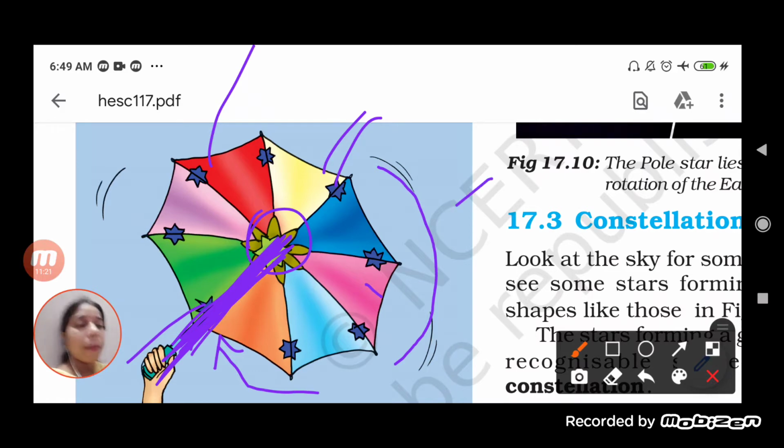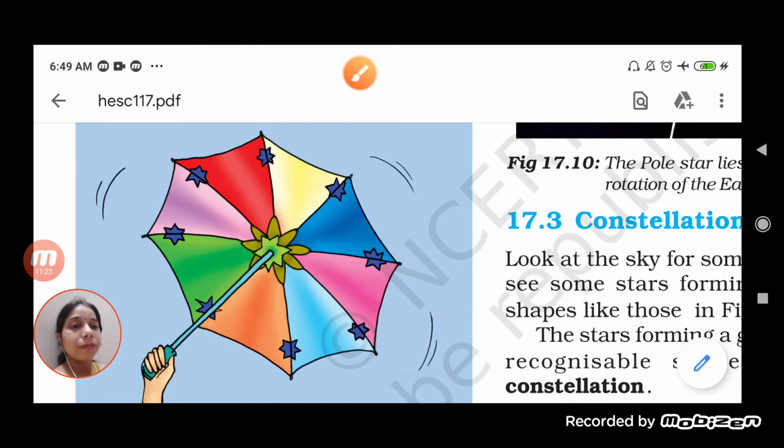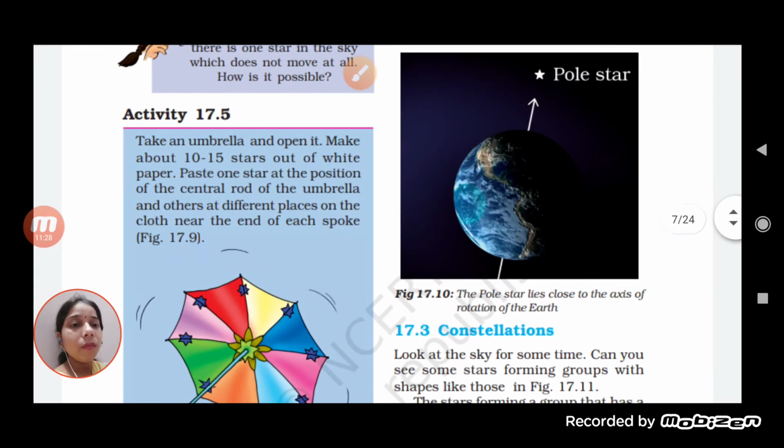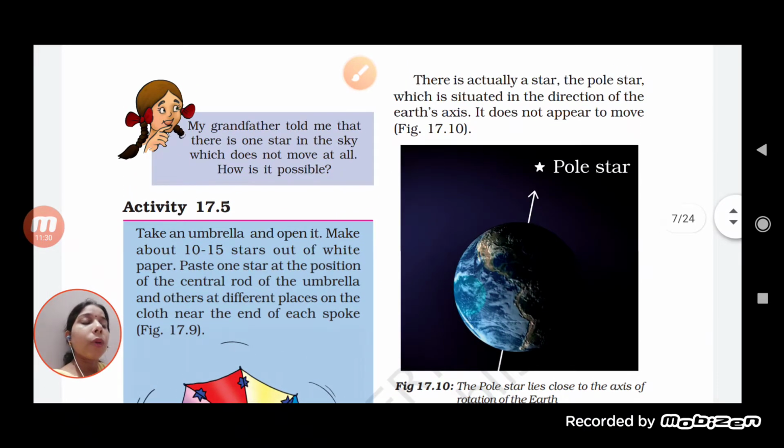Similarly, if any star is present at the axis of rotation, axis means the earth's axis. Okay, so if it is present at the earth's axis, the earth is what? It is rotating on its axis. So if it is present at the axis of the earth, you will find that there will be no change in the position of the star.